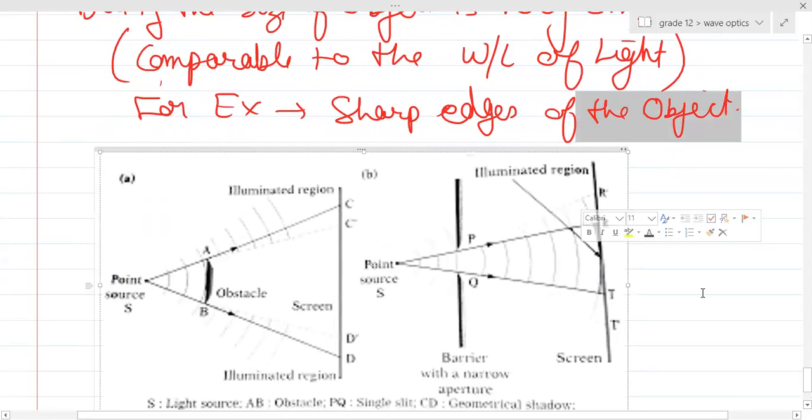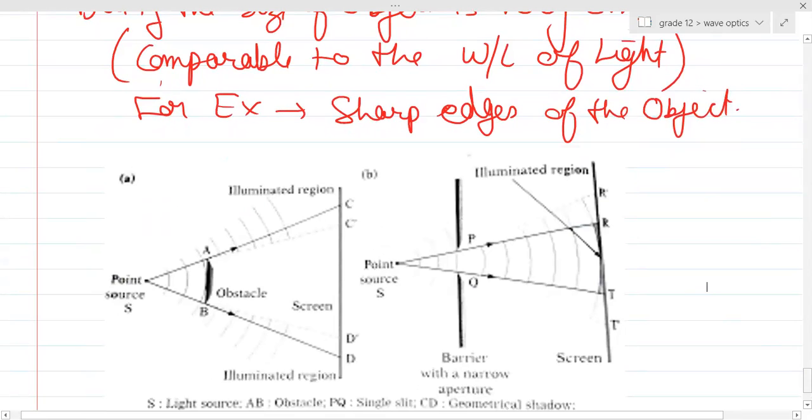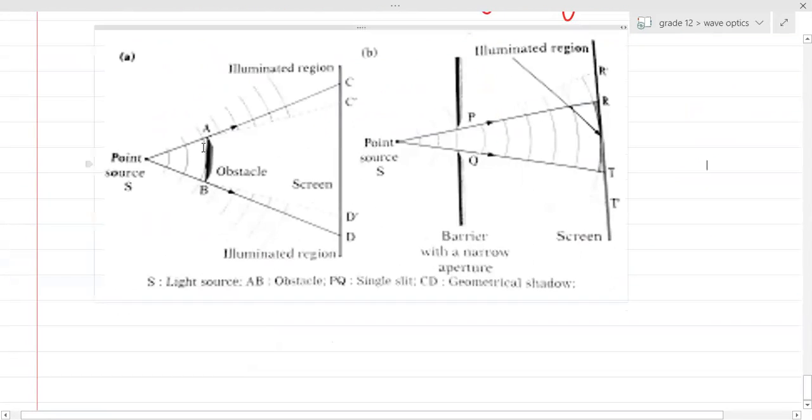So guys, can you see this diagram? Can you see, if there is an obstacle over here, this is the point source. The point source, the light shall follow what path? It shall follow from S to C, right? This is a straight line. From S to D, it's a straight line.